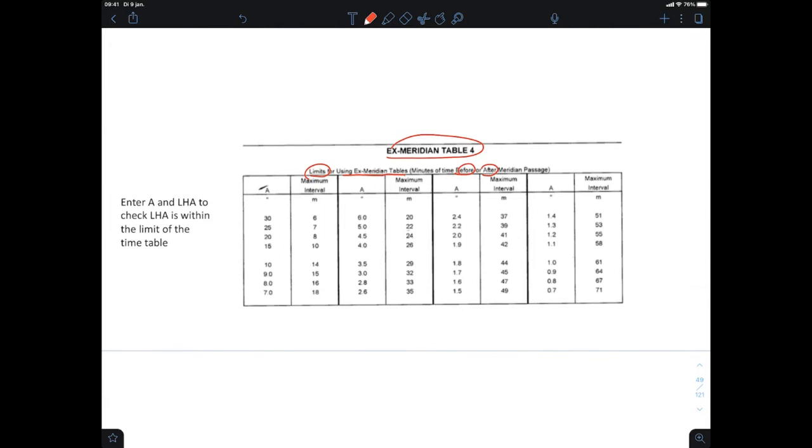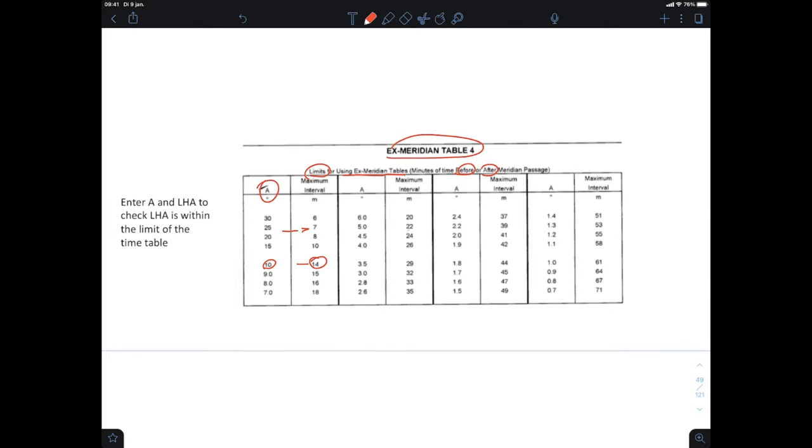Depending on the value of A, you will see what the maximum interval of your observation is. So if you have a value of A which equals 10, then you have a maximum interval of only 14 minutes before and after meridian passage that you can use the X-Meridian method.